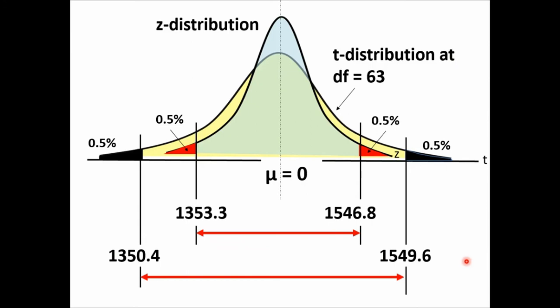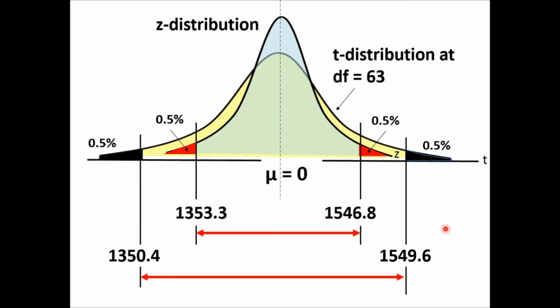Now you have to understand that if the normality assumption does not hold, then the smaller the sample size or the smaller the degrees of freedom, the larger the difference between estimation using the t distribution and the estimation using the z distribution.